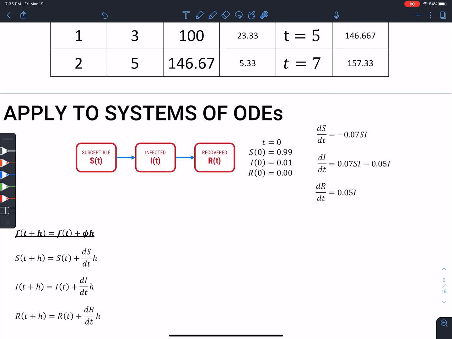And right, so here are the functions for S, I, and R. This is Euler's method applied to each of them individually, right? So now we can talk about solving a vector function, right?